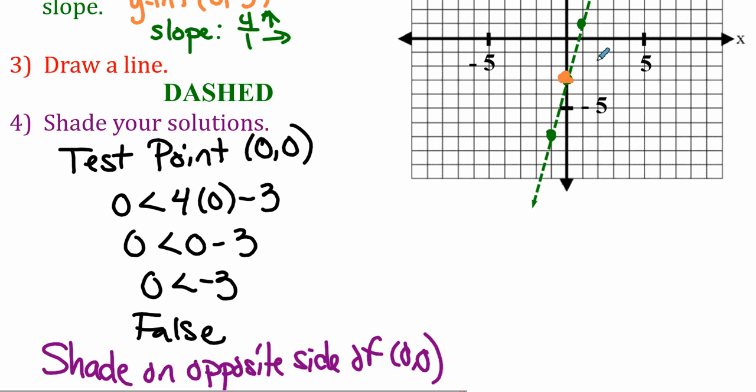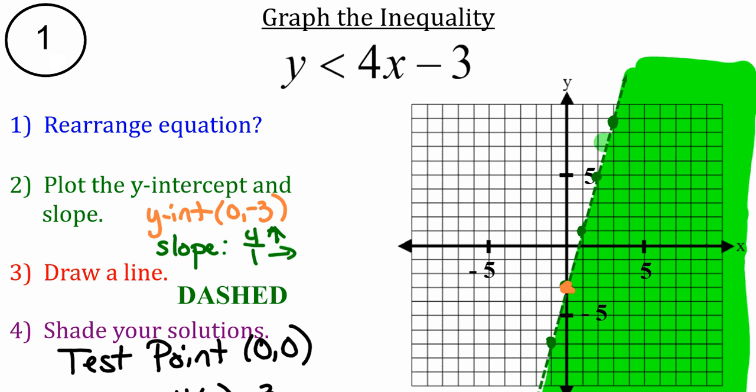For us, that's going to be kind of to the right and below our line, if you're thinking of it that way. So we're going to shade in all our possible solutions. So anything to the right or anything below the boundary line, not included, because remember that's dashed, that's showing it's not included, everything to the right of that and below would be a potential solution.